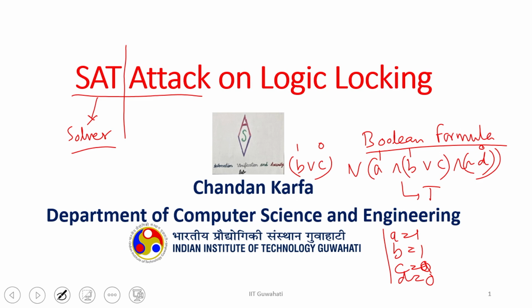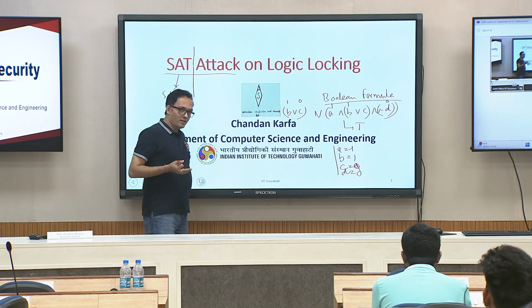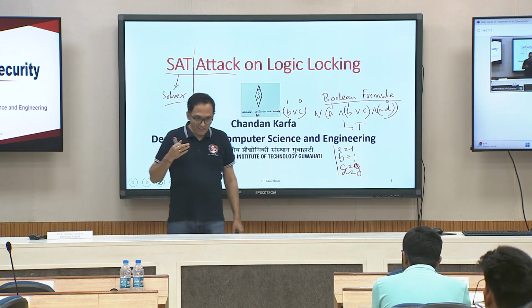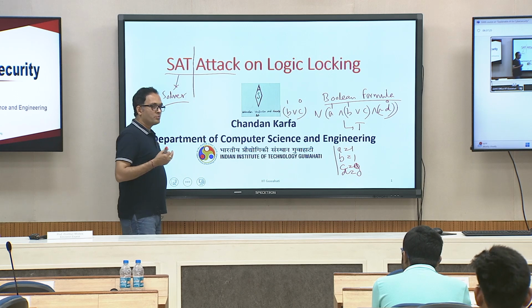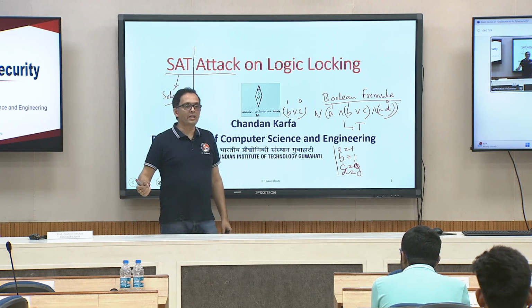So what the attacker does is try to use this SAT solver to attack the locked design. In the locked design you have the keys, and they mount the attack in such a way that satisfiability means the key. I will talk about that. The satisfiability will help you prune out the wrong keys quickly and finally you will get the correct key.